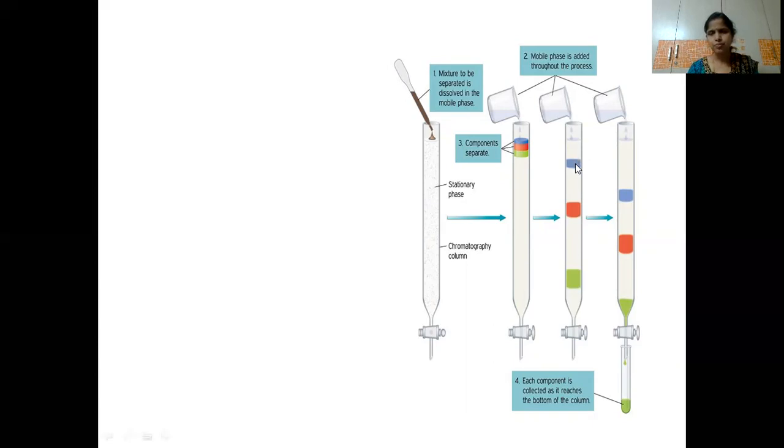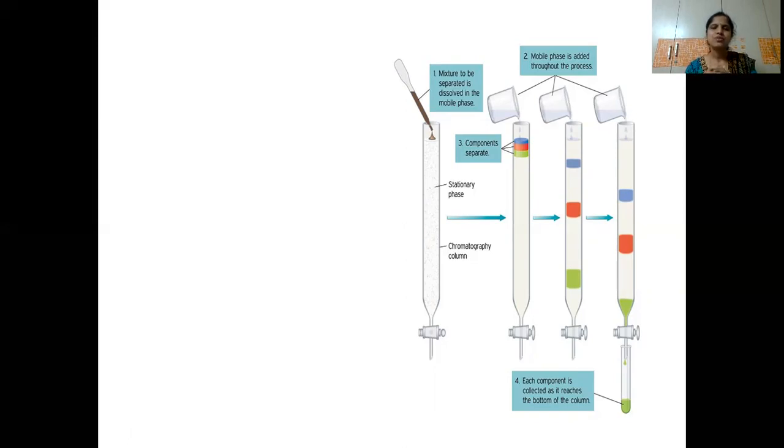And what about this blue band? This blue band has more adsorption towards the stationary phase. When the sample is loaded, as the blue one has more adsorption, or more affinity, towards the stationary phase, it binds strongly to the stationary phase.